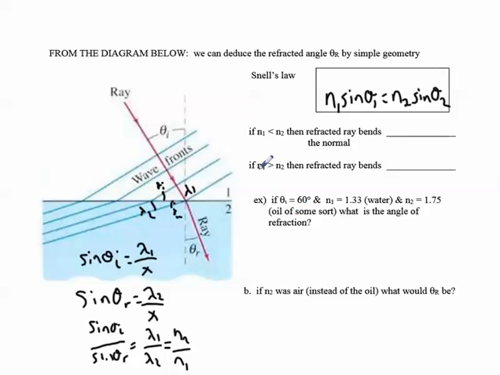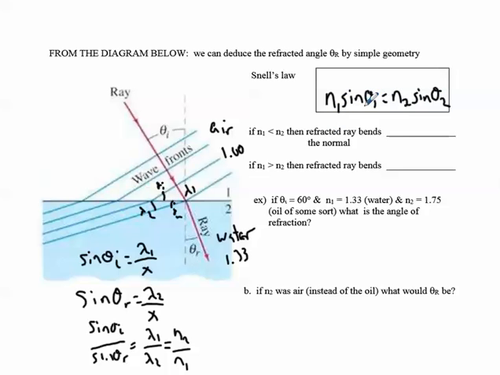Before we do an example, here is a conceptual way of looking at this that you need to be aware of. In this first case, let's say we are starting in n1 where it's air, and this is water, such that n1 is less than n2. n1 is 1 and n2 is 1.33. Because n1 is less than n2, if I solve for the sine of the refracted angle, sine of theta 2, n1 over n2 is less than 1.